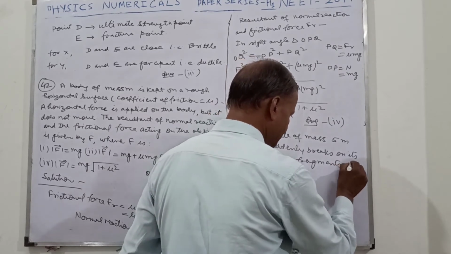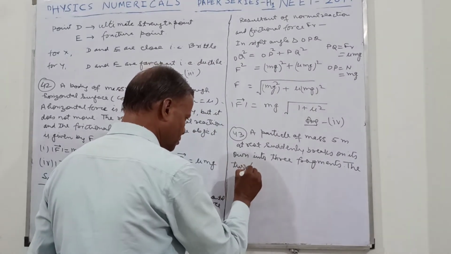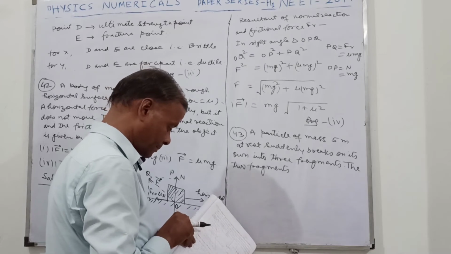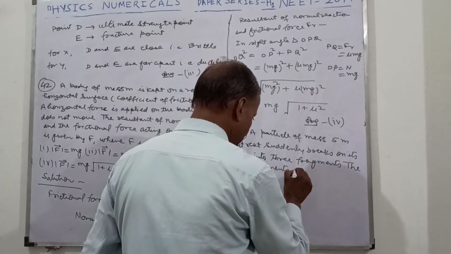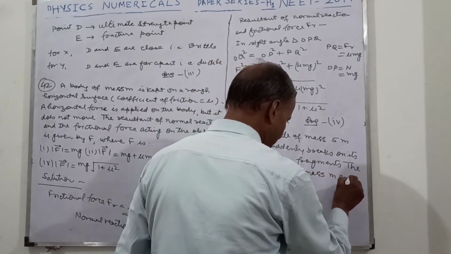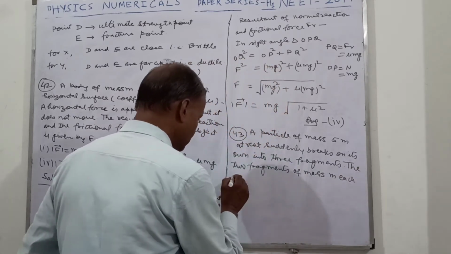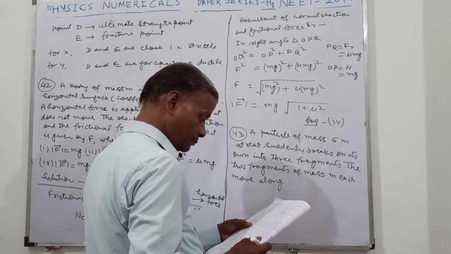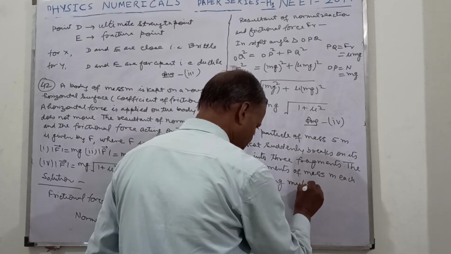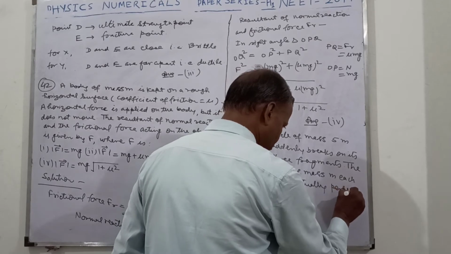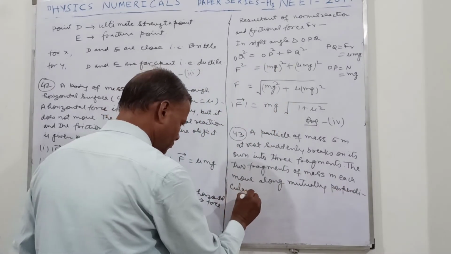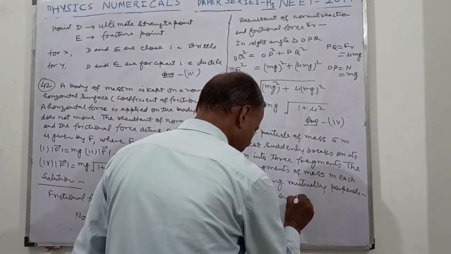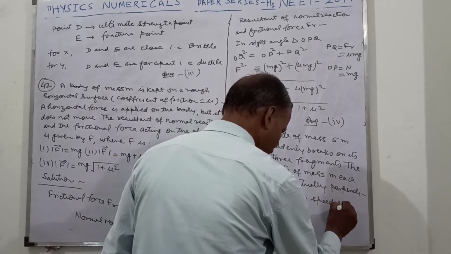The two fragments of mass m each move along mutually perpendicular directions with speed v each.